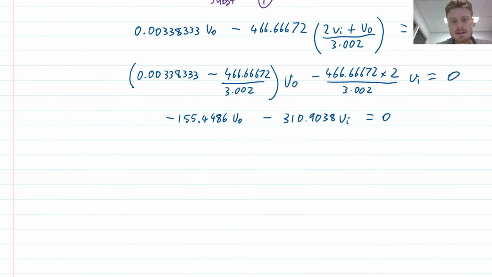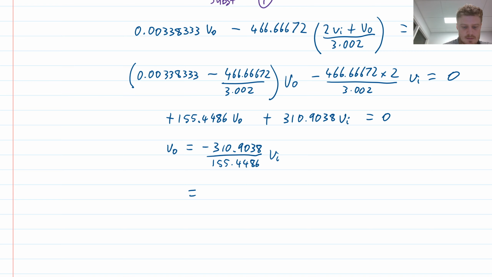So we are nearly there. I'm going to swap my signs: multiply everything by negative 1 and it becomes positive and positive. And then I can take my Vi to the other side. I'm solving for V0 and dividing through. So V0 is negative 310.9038 divided by 155.4486 times Vi.